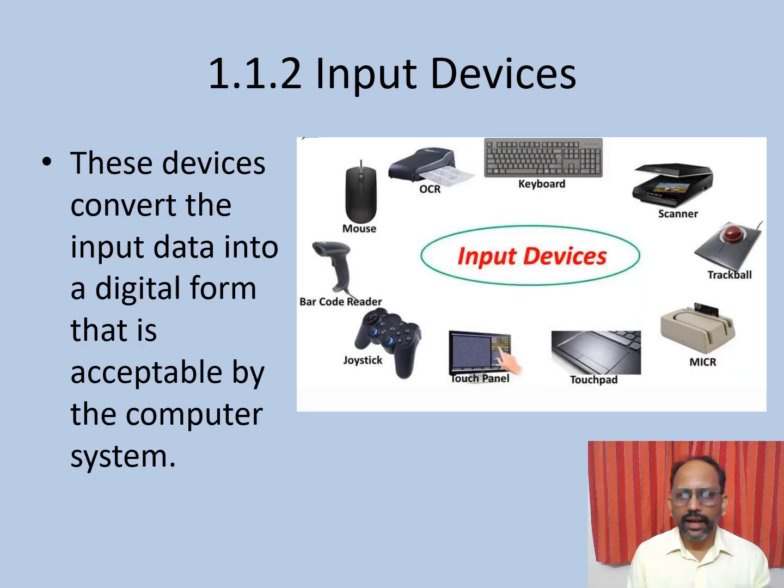After learning the function of the CPU, let us move on to input devices. The input devices are used to feed the data into the computer. These devices convert the input data into a digital form that is acceptable by the computer system. Why can it not understand the data as we learn, write and read?